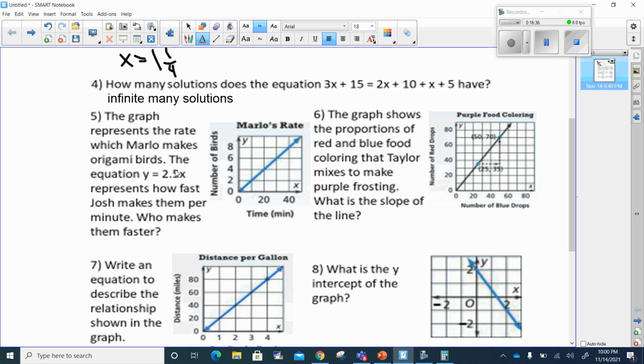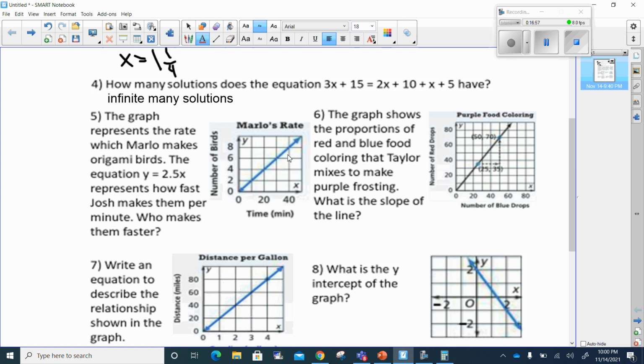And what is the rate over here? Well, they said this was 2.5x, and that's how much he makes them per minute. So he's making 2.5 every minute, while he's only making 2 in 10 minutes. That tells me that Josh is making a lot more faster ones, right?